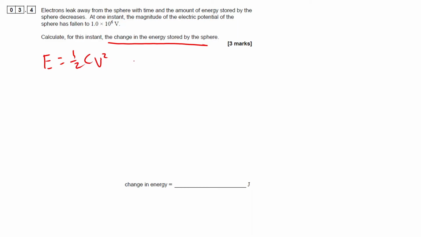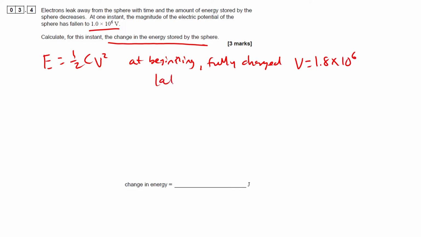So at the beginning, when it's fully charged, we said earlier that V equals 1.8 times 10 to the power of 6. And a bit later, V equals 1 times 10 to the power of 6.